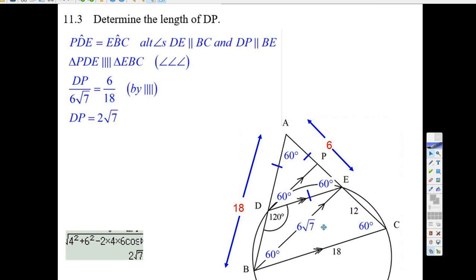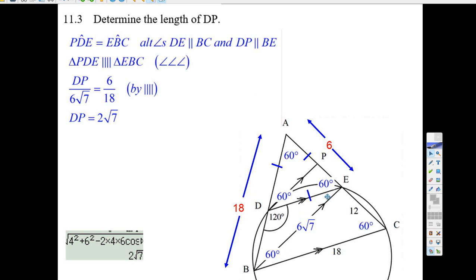So here we go. We're trying to find this DP here. We know this is 6 root 7, but I think that this triangle, this wedge here and this wedge here, are similar. Why do I think that? Well, they have one angle that we've already been given as 60 degrees, and these angles PDE and EBC are equal by alternate angles, but kind of twice.